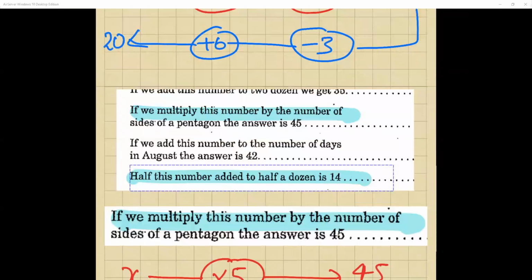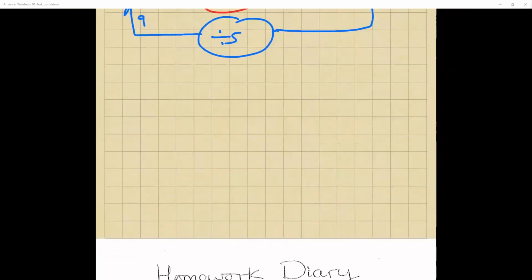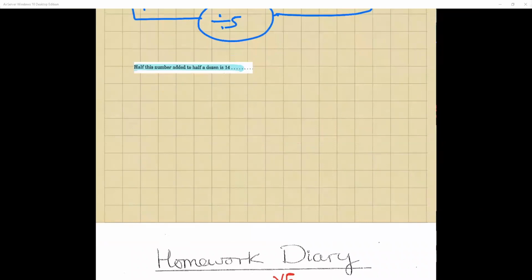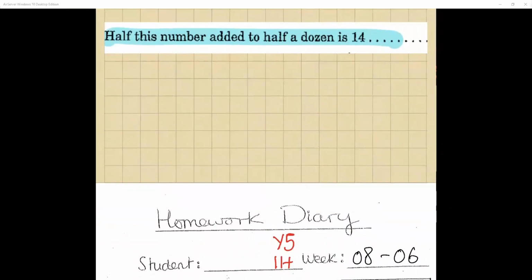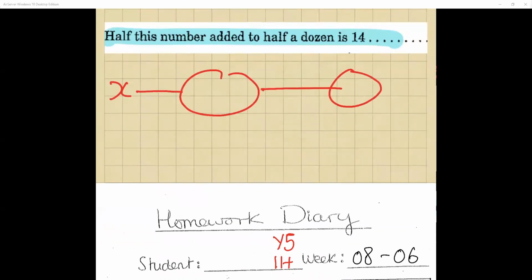Next question, Dennis. Half this number added to half a dozen is 14. So the first part is divided by 2 because half is the number. And then we need to know what is a dozen.